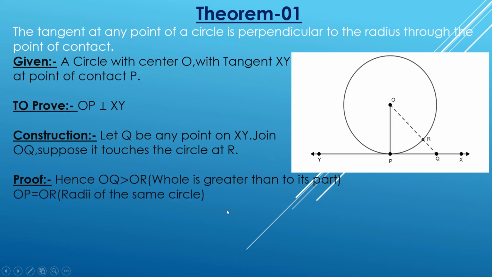After that, OP and OR are equal. The reason is again very simple: OP and OR are the radii of the same circle. Let us substitute the value of OR in the previous statement. After that, we will get OQ is greater than OP.